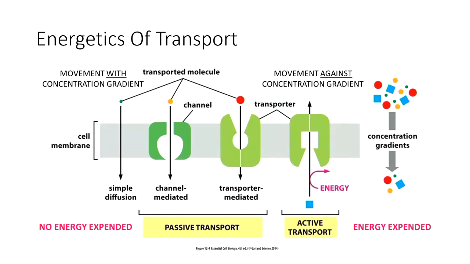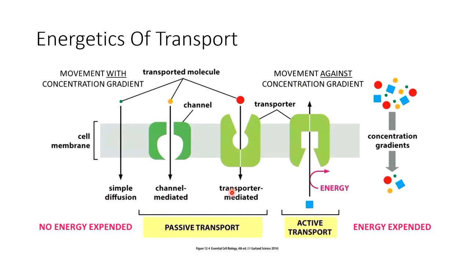This is a really important slide talking about the energetics of what kind of energy is required to actually move these molecules around in a cell. What you'll notice is that channels are always involved in passive transport. Passive transport means that the transport of a molecule across the membrane is passive if it doesn't require the input of energy. In this way, passive transport allows molecules to move with or down their concentration gradient.